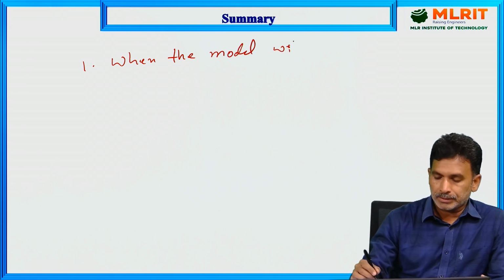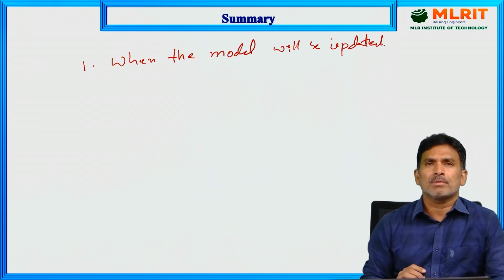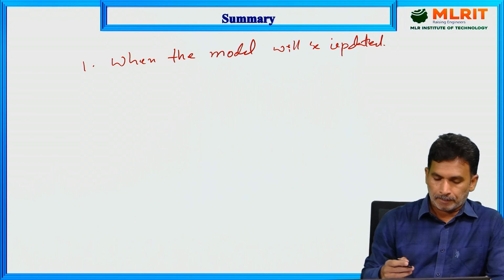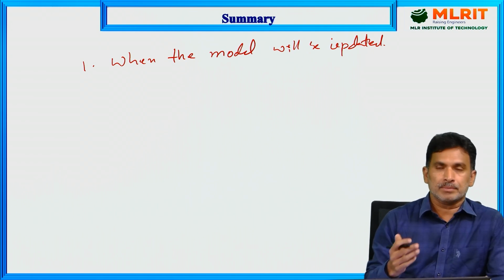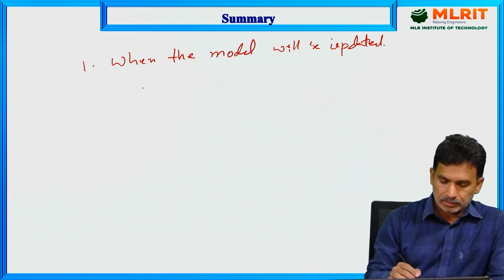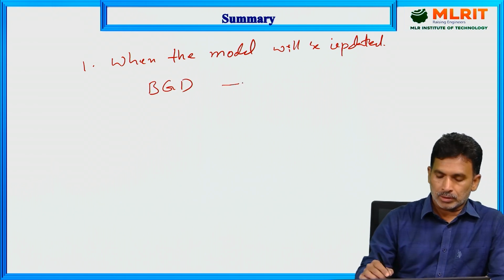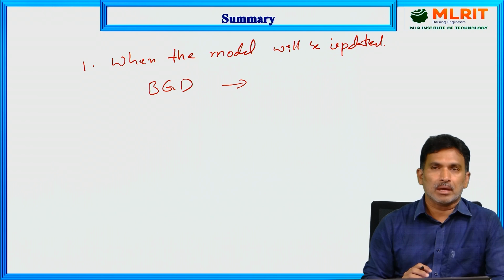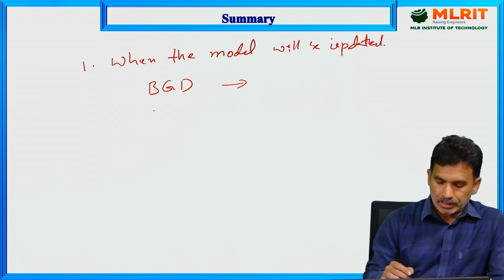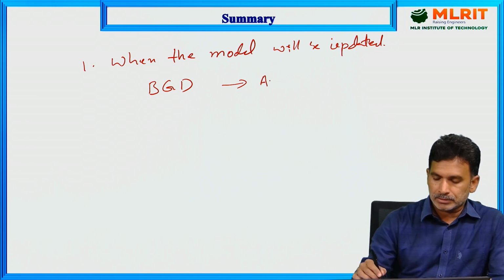If you take batch gradient descent, the model is updated after evaluating all the samples, that means all the samples would be considered.